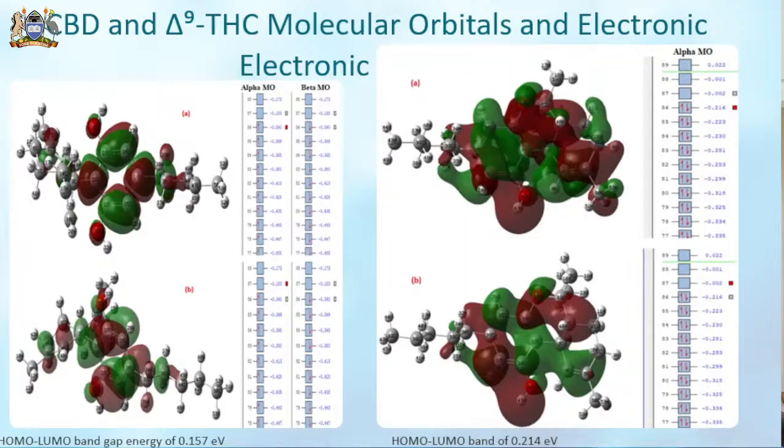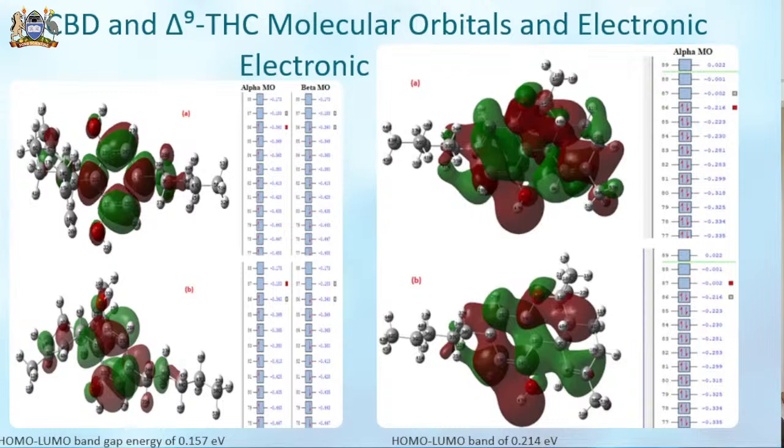On the other side, we have the lowest unoccupied molecular orbitals. The figures are not so clear, but those were the structures we obtained. And this HOMO and LUMO band structure gave us a band gap energy of 0.157 electron volt for CBD, while in THC it was 0.214 electron volt.